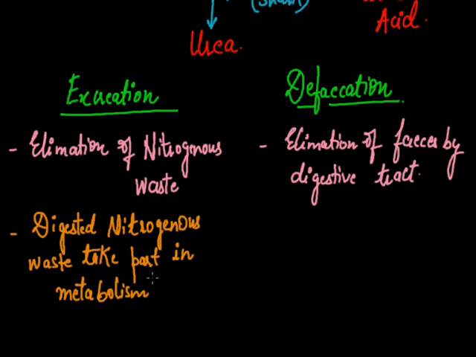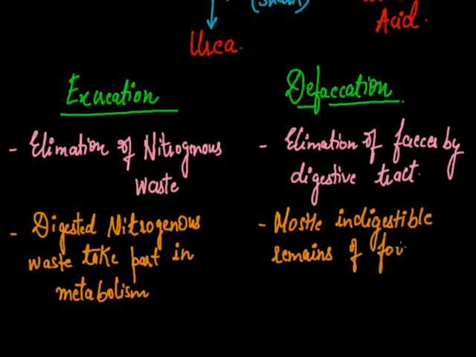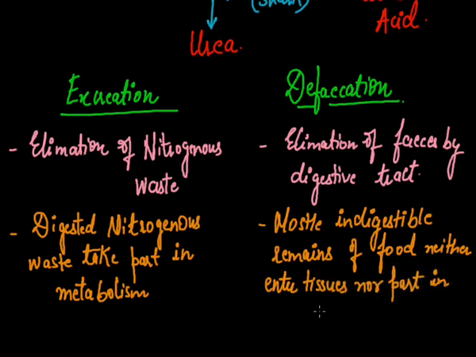That removal of product is known as excretion. While in defecation, mostly indigestible remains of food that have neither entered tissues nor taken part in metabolism are removed, so that indigestible food is not part of the metabolism.